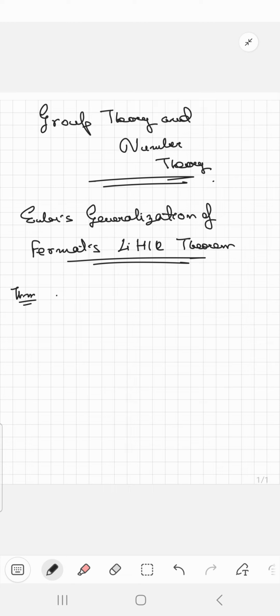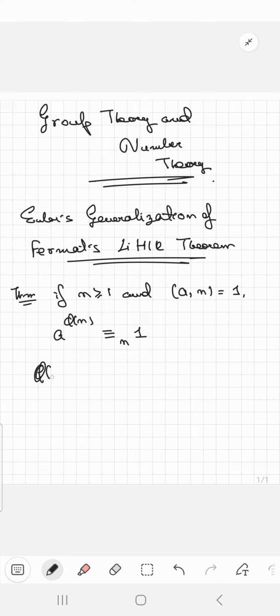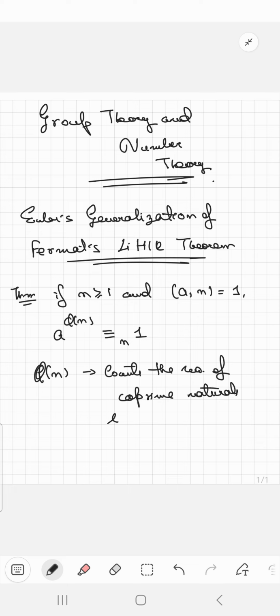The theorem says that if n is greater than or equal to 1 and the GCD of a and n is 1, that is, a and n are co-prime, then a to the power phi(n) is congruent to 1 modulo n. And obviously, phi(n) basically counts the number of co-prime naturals less than n.